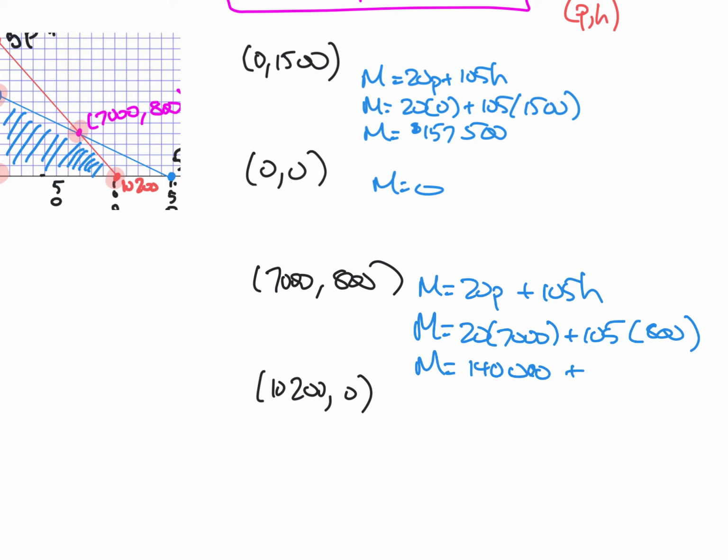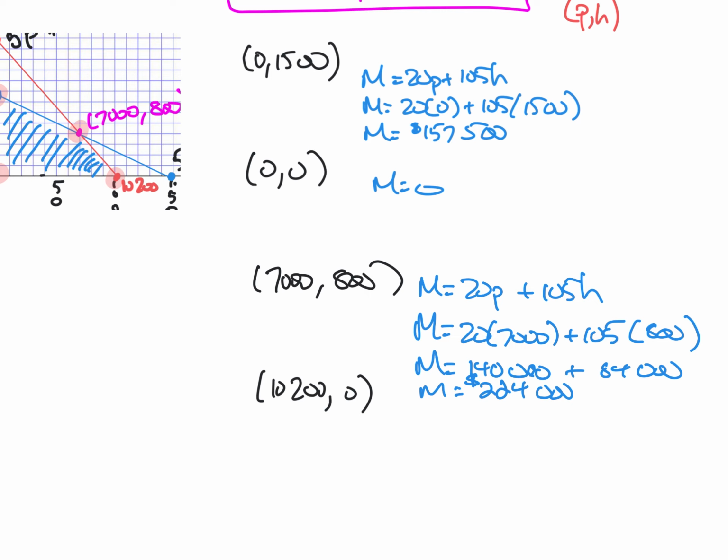And then 105 times 800 is 84,000. So if you combine those together, you get $224,000, which is clearly more than the first one.